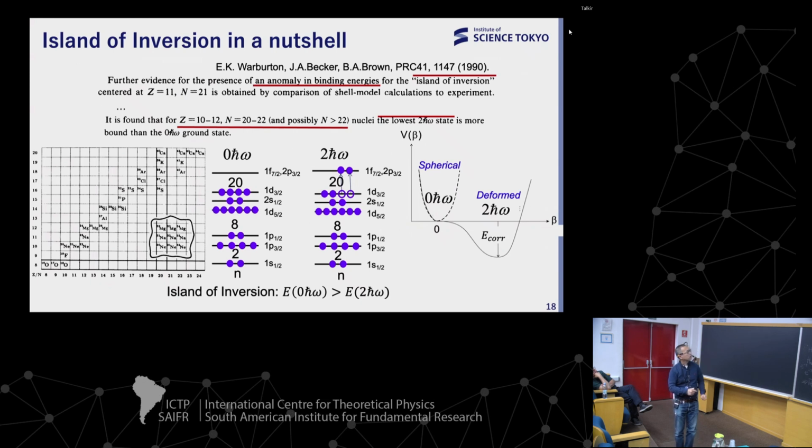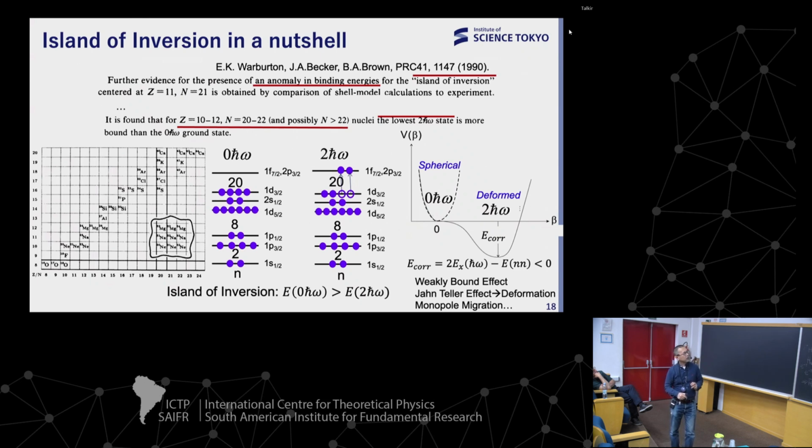This means that the N=20 magic number is no longer existing here. Because of the correlation energies, this excitation energy is compensated by the correlation energies.